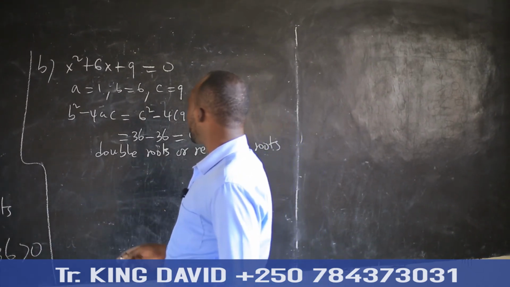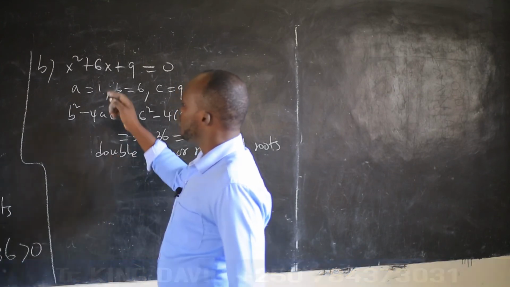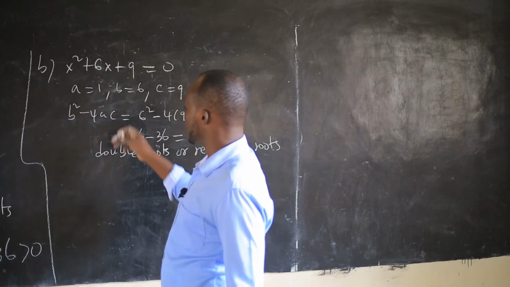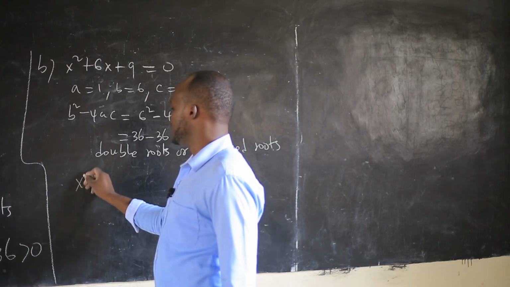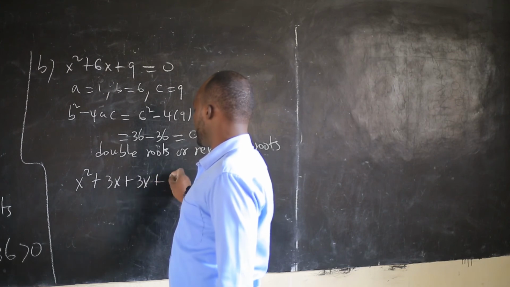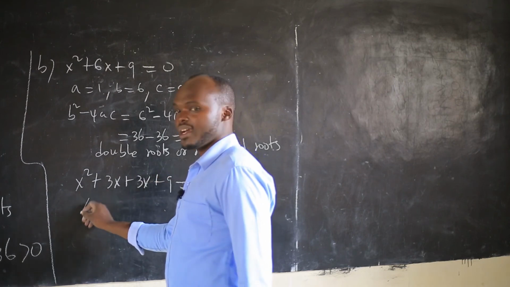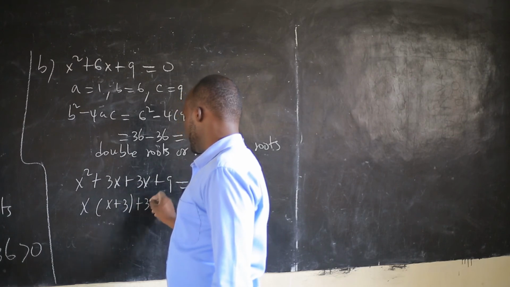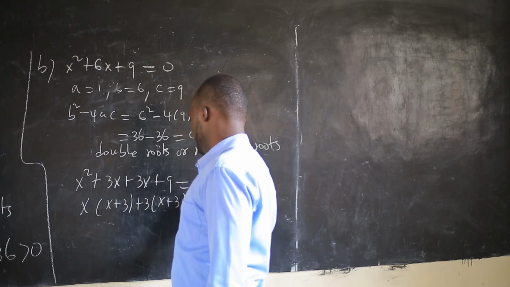So meaning that if you go ahead, two numbers you can add to get 6 and multiply to get 9, that's 3. It will be x squared plus 3x plus 3x plus 9 equal to 0. It will be x out of the bracket, x plus 3, then 3 out of the bracket, x plus 3 equal to 0.